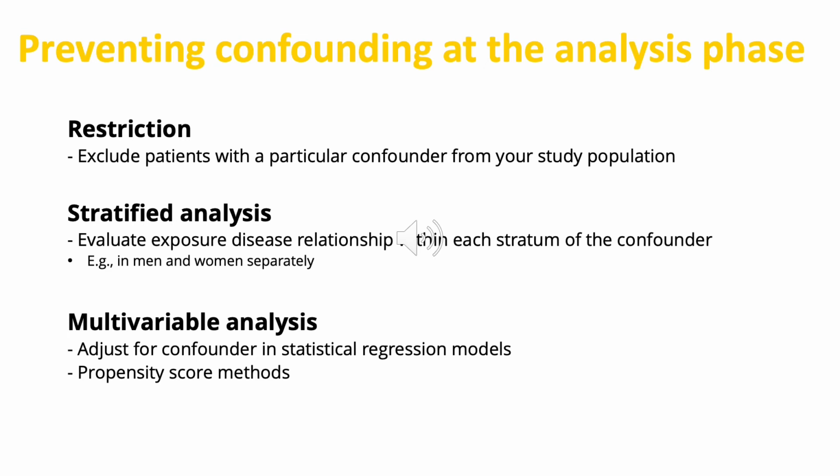This removes the confounding effect of sex in your analysis. But the most common way to deal with confounding in a study is using a multivariable analysis, where we adjust for confounders in statistical regression models, and propensity score methods are another way to account for confounding in multivariable models, and I'll get into the details of that here.